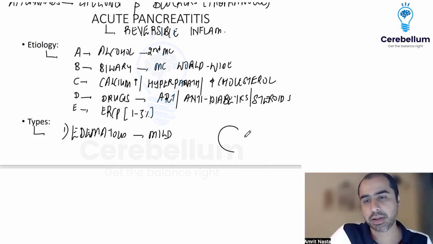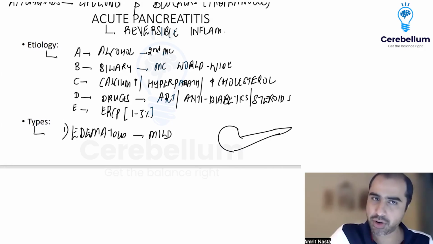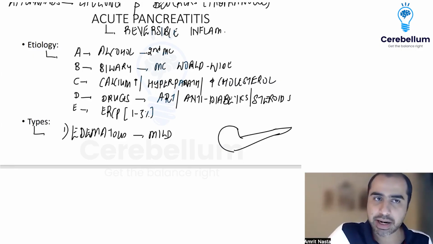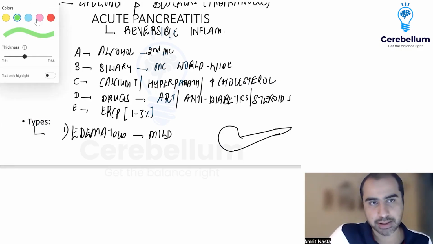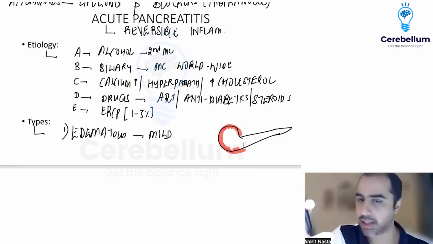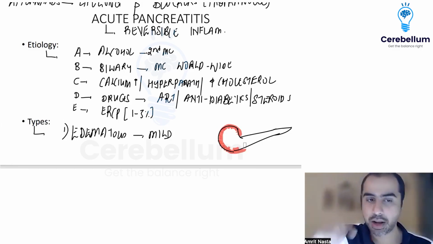The pancreas produces enzymes required for digestion of proteins and fats. These enzymes sometimes get auto-activated inside the pancreas, and they start causing digestion and inflammation. So it will become edematous. Wherever the enzymes are traumatizing, it will show edema.